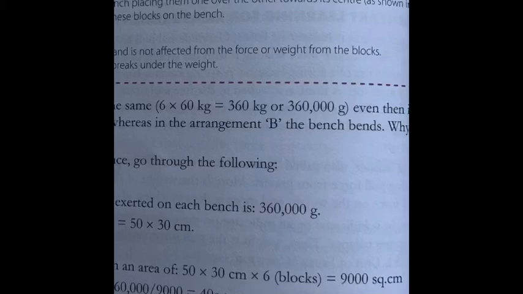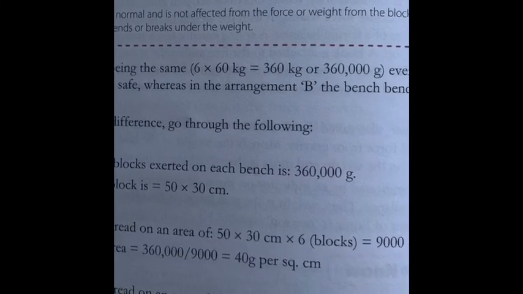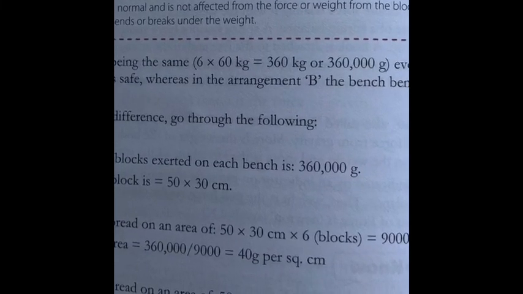To calculate the pressure, we have to divide the weight by the area. So we have the weight as 3,60,000 grams divided by 9,000 square centimeter. The result we get is 40 grams per square centimeter. That is, each square centimeter is experiencing 40 grams of weight.